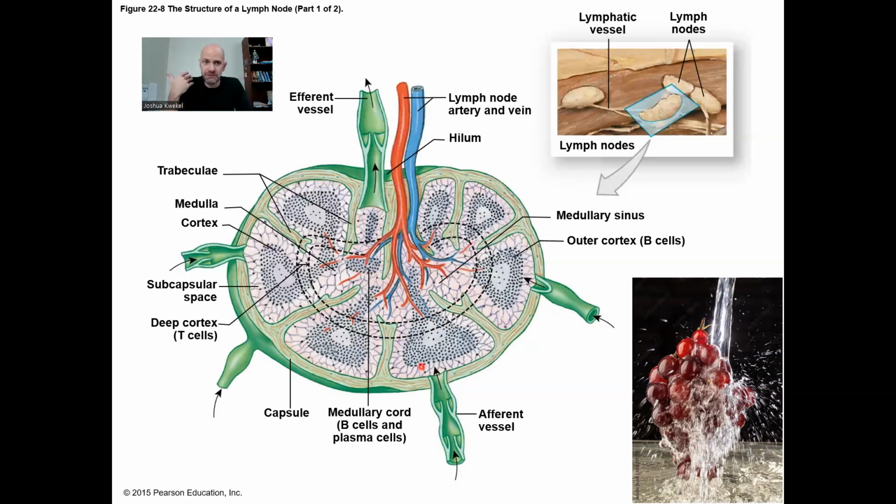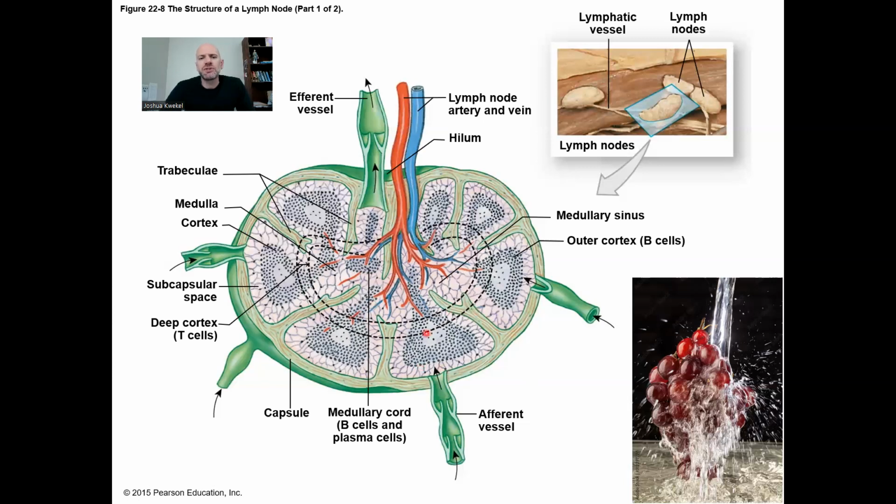And thus, if it gets confirmed that this is indeed a foreign pathogen, these B cells and T cells can become activated. So principally, what an antigen-presenting cell would interact with is a T cell, a T helper cell, which would be the CD4 positive cells.